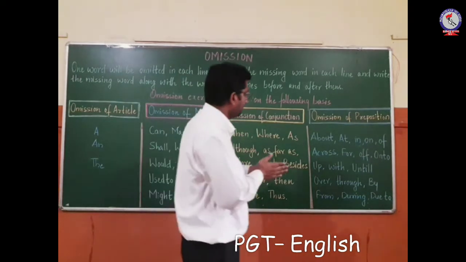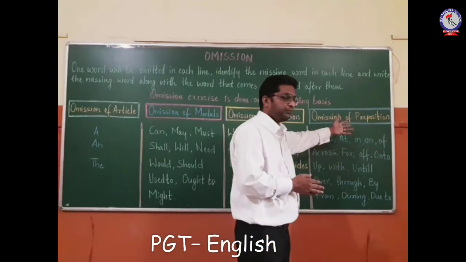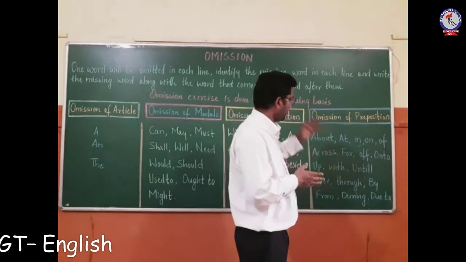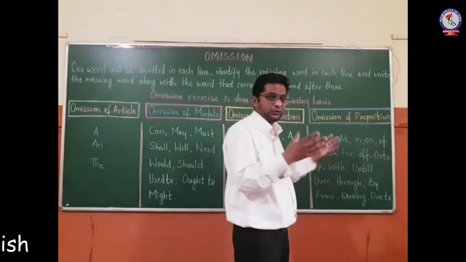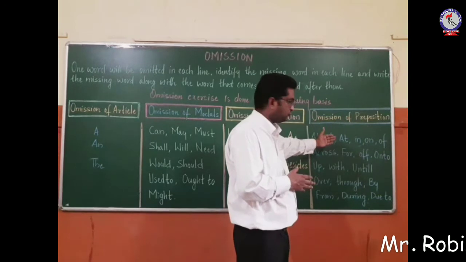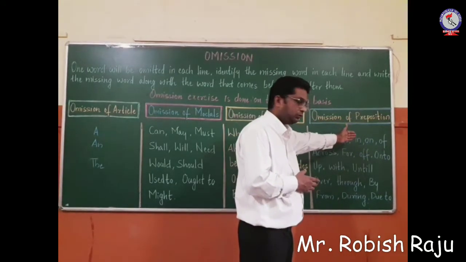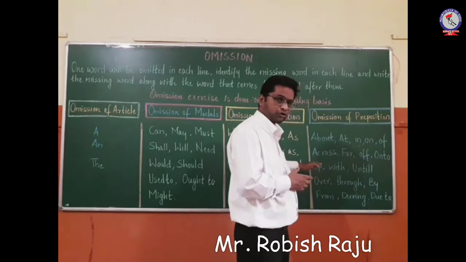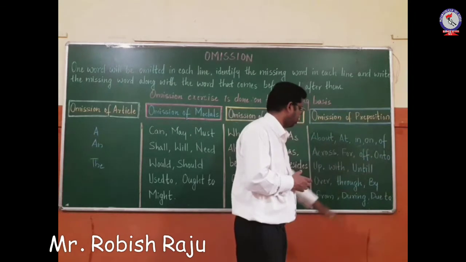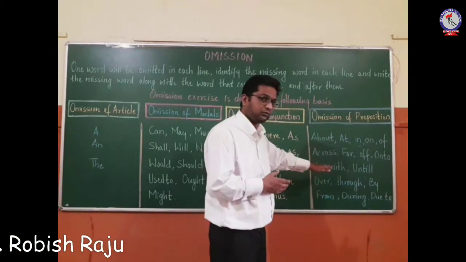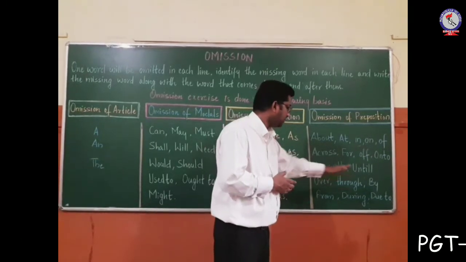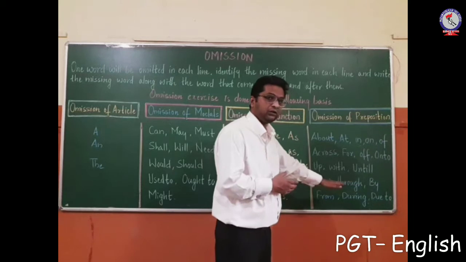Moving to the next, omission of preposition. What are the prepositions? Prepositions show us the relationship between the things. See here, about, at, in, on, off, across, for, of, onto, up, with, unto, over, through, by, from, during, due.